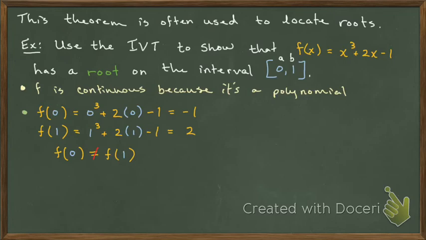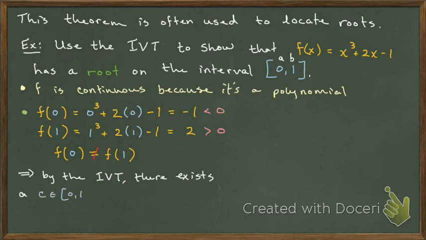That means that for any k between f of 0 and f of 1, there's a c such that f of c is that k. But what I want you to notice is that f of 0 is negative and f of 1 is positive. So by the intermediate value theorem, there exists a c in our interval from 0 to 1 such that f of c has to pass between negative 1 and 2.